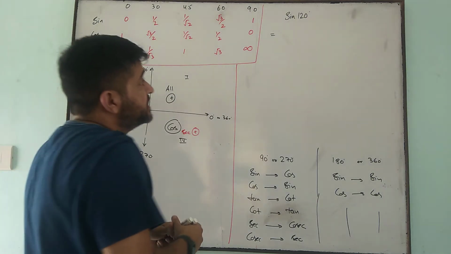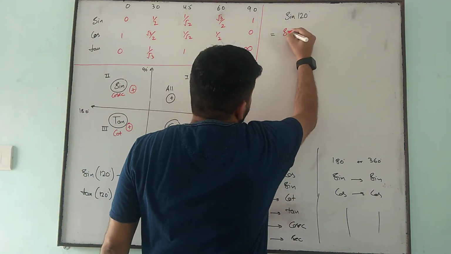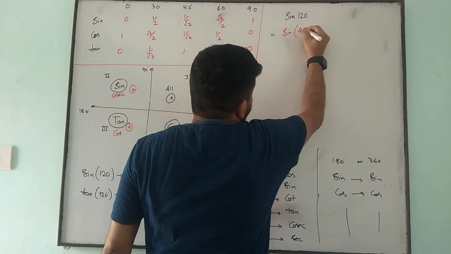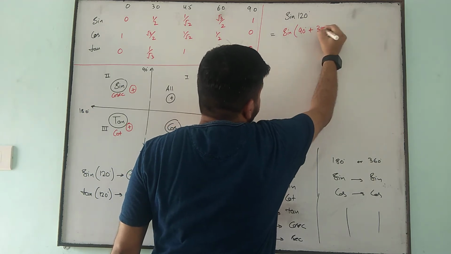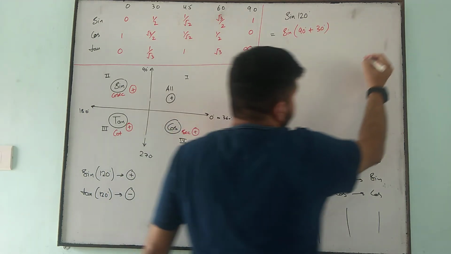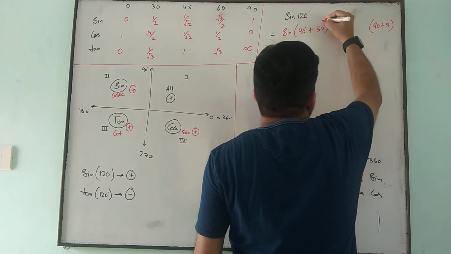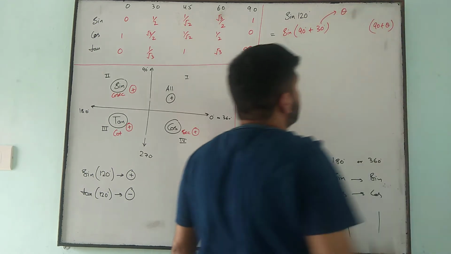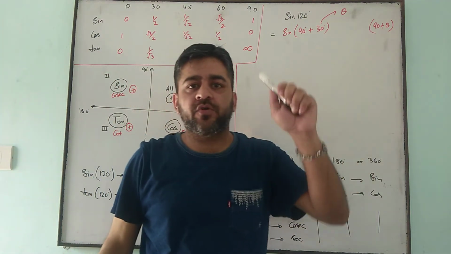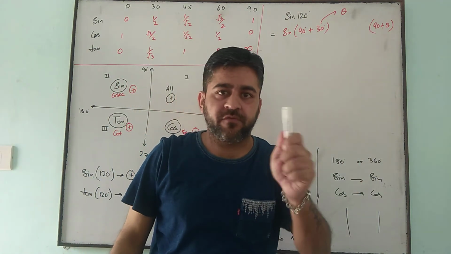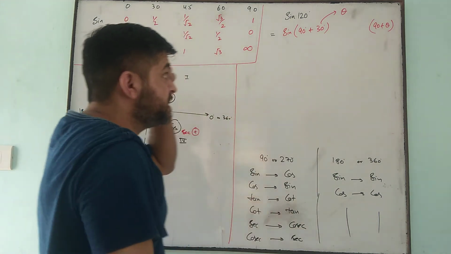So as a concept, for 120, suppose we are using 90 plus, obviously 30 is left, and we pronounce it 90 plus theta. This is always theta. Whatsoever its value, consider it theta only.